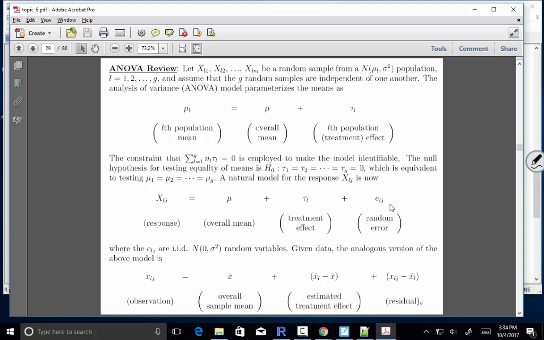So that's just saying, as we sample from the L comparison group, we're getting data that's bobbing around the mean for that group. It's mu plus tau, that's the mean, the average, if we were to sample many, many times. But what we actually see is not the exact average. We see the average plus or minus random deviation. This e represents the random plus or minus.